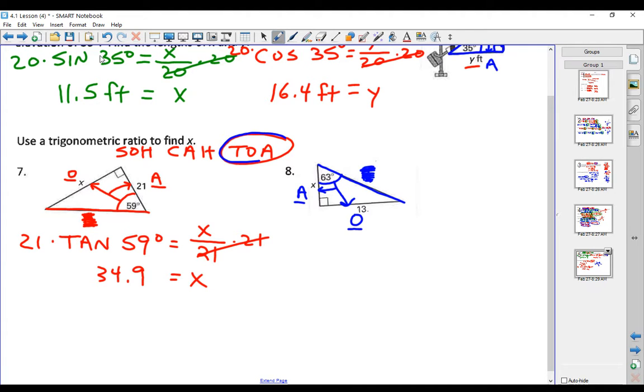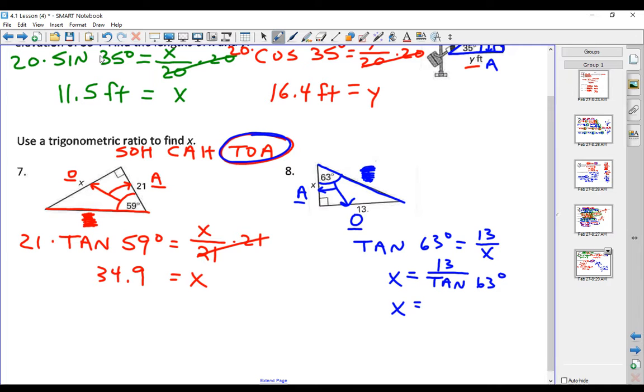Once again, that is the tangent function. So the tangent of 63 degrees is equal to the opposite side, which is 13, over the adjacent side, which is x. Now this time the x is on the bottom, so we are going to have to do the switcheroo. And when we do that, x gives me 13 over the tangent of 63 degrees.